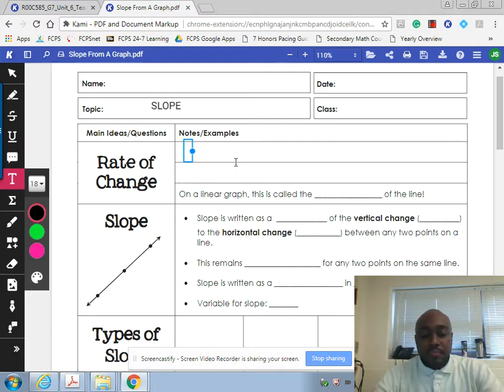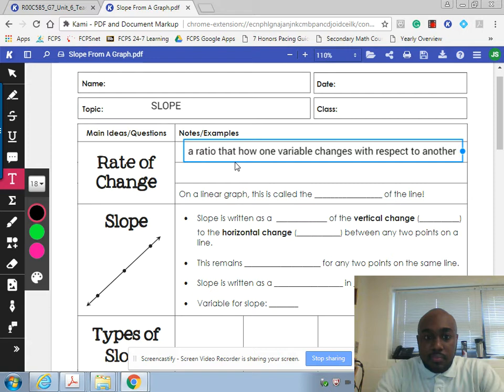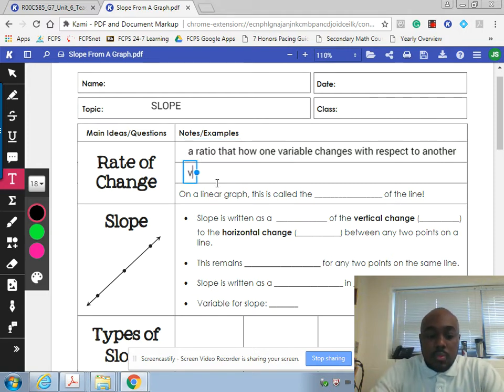A rate of change is a ratio that shows how one variable changes with respect to another variable. And the variables that we are referring to are y and x.